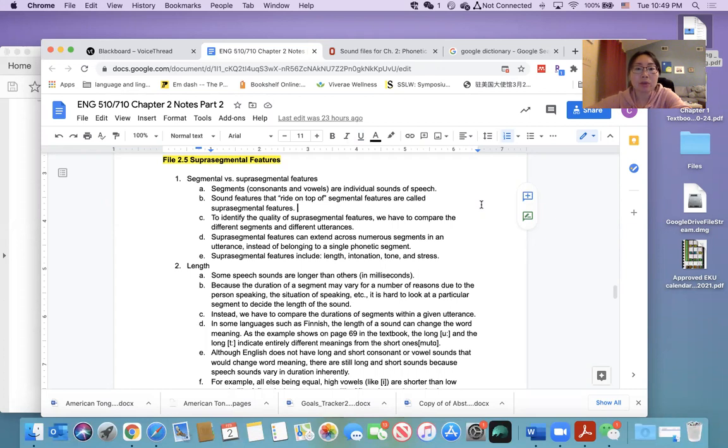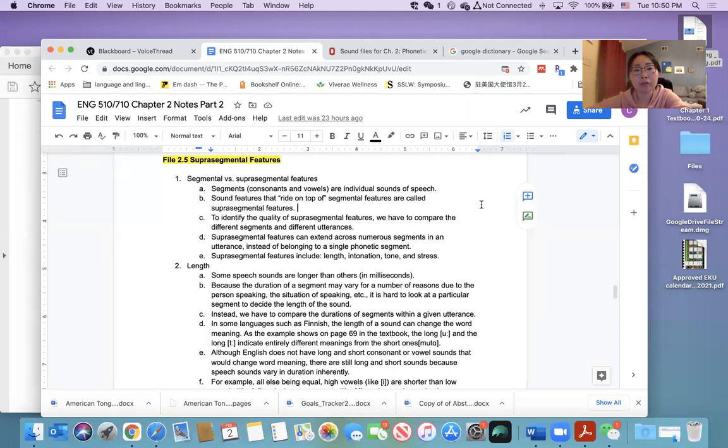And suprasegmental features are the sound features that sit right on top of the segmental features. To identify the quality of suprasegmental features, we have to compare the different segments and the different utterances, okay? And suprasegmental features can extend across numerous segments in an utterance instead of belonging to a single segment, such as a consonant or a vowel.